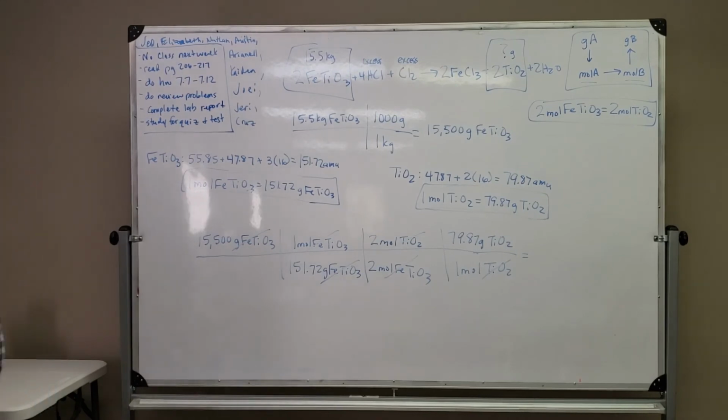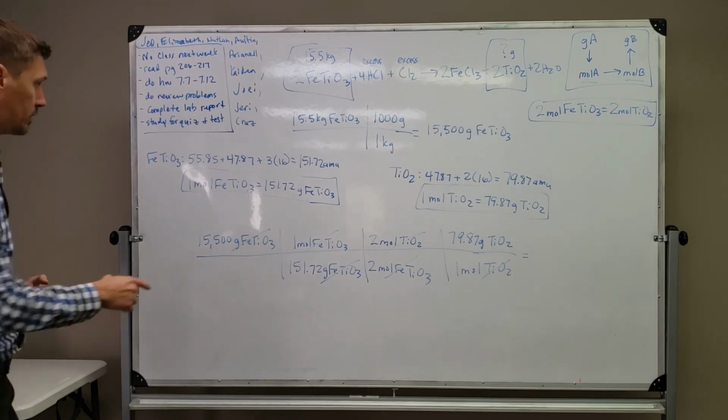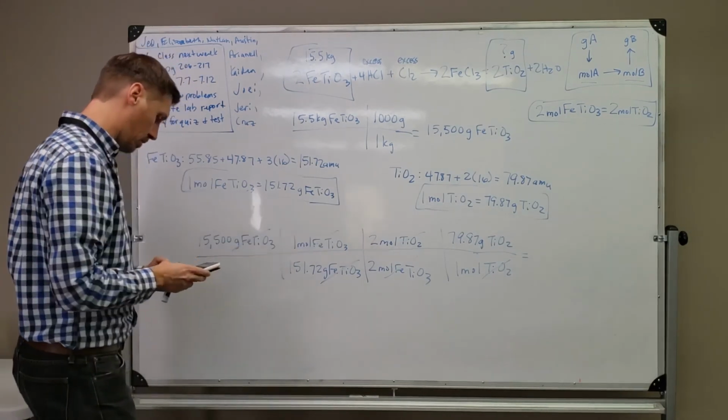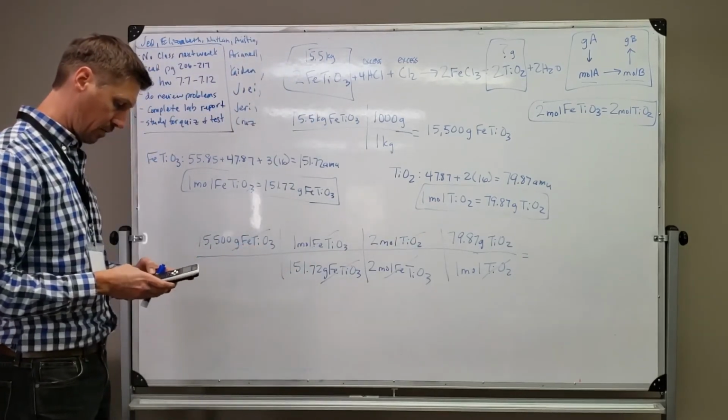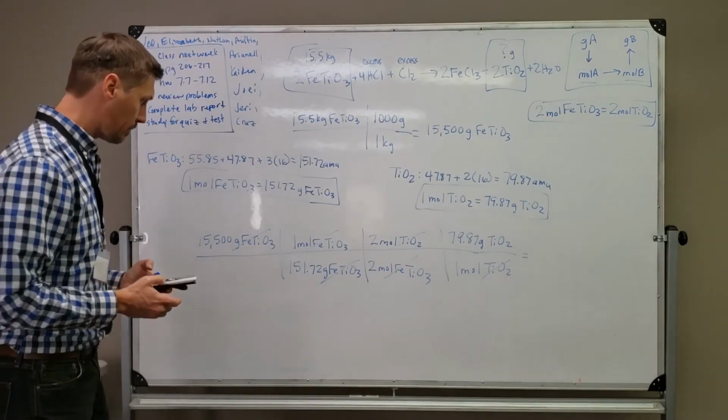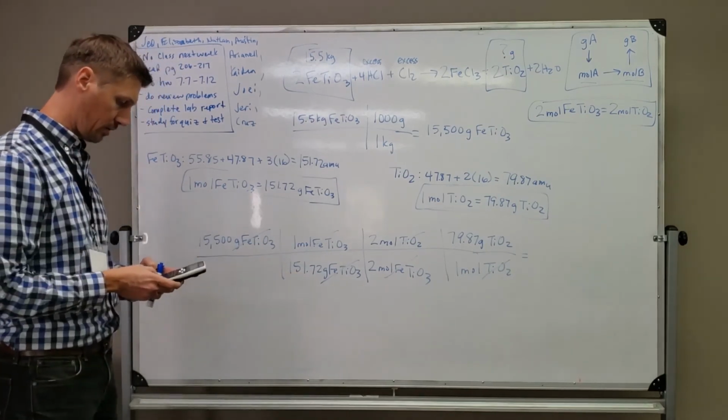My calculator's not in here, so I say 15,500 times my 1 here times 2 times 79.87 divided by 151.72.